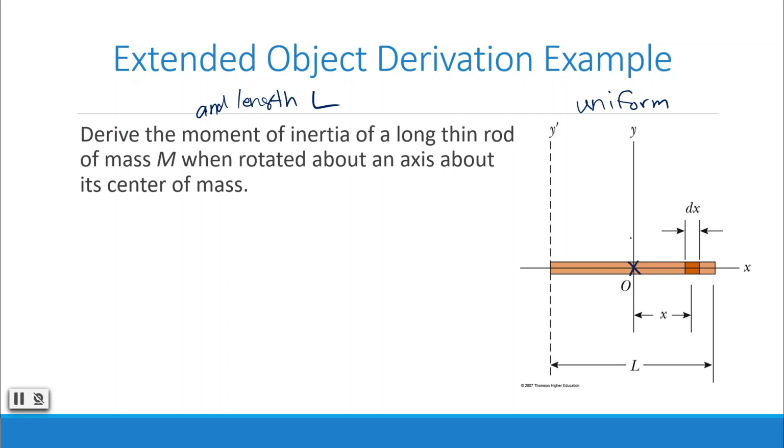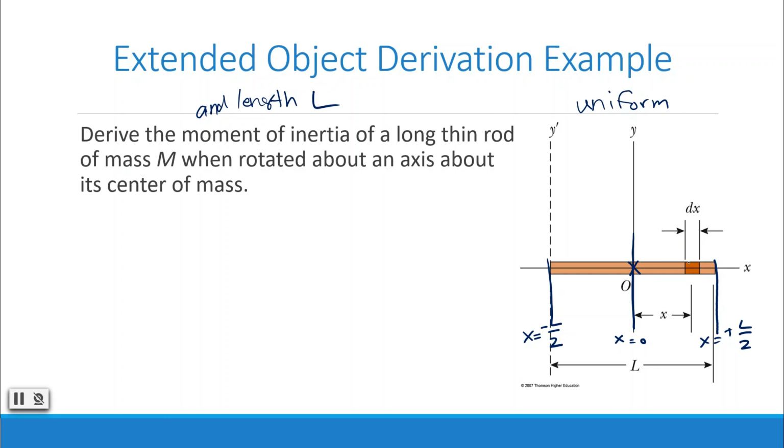So I'm going to set up a coordinate system in which x equals 0 is my axis of rotation. That makes the left end of the rod a position of negative L over 2, and the right end of the rod a position of positive L over 2.